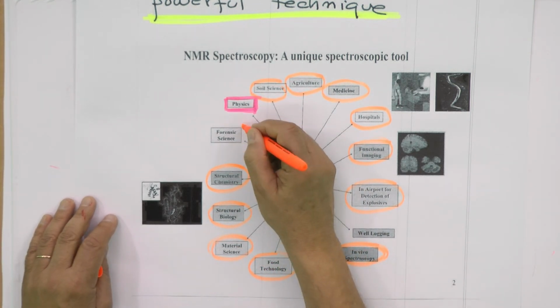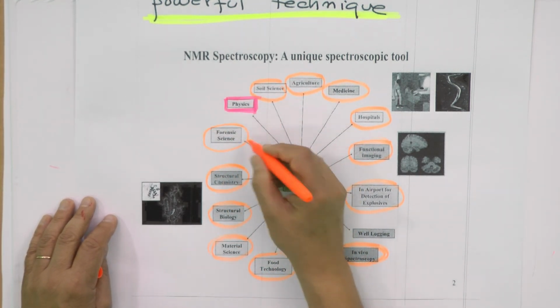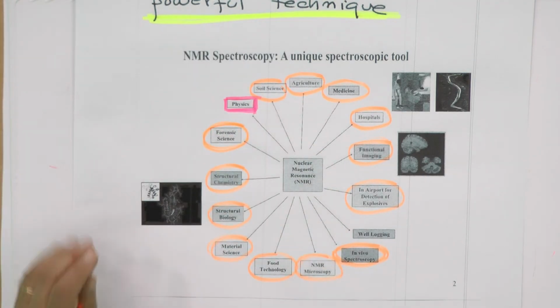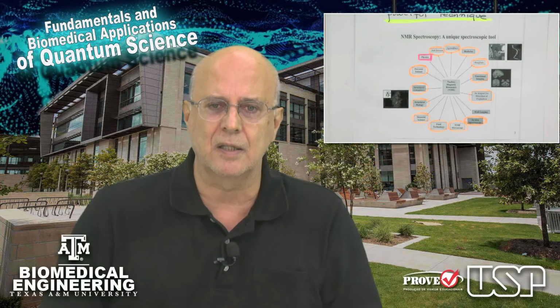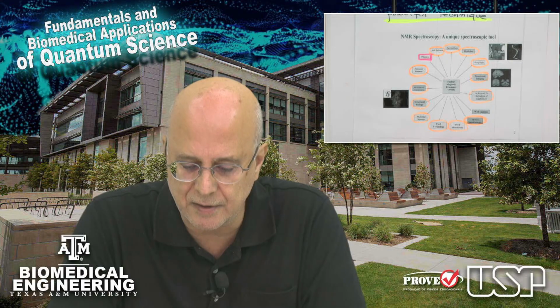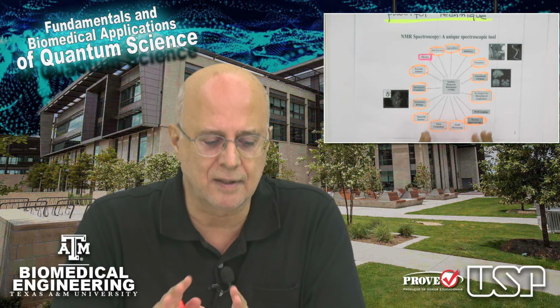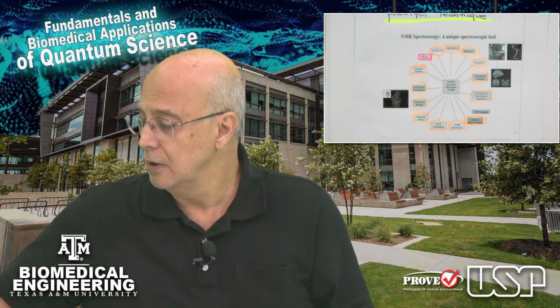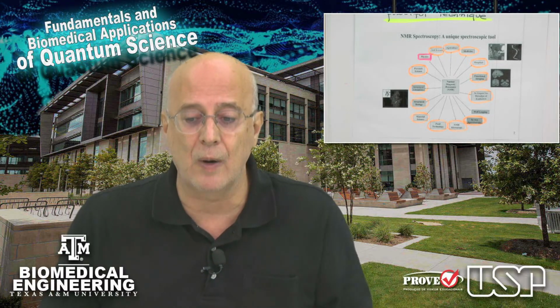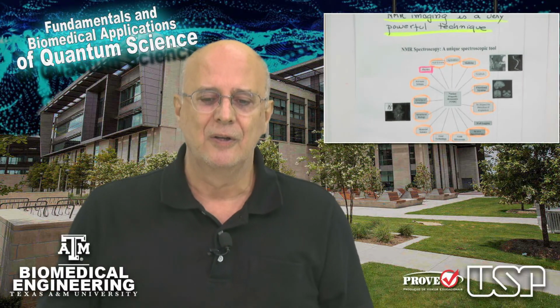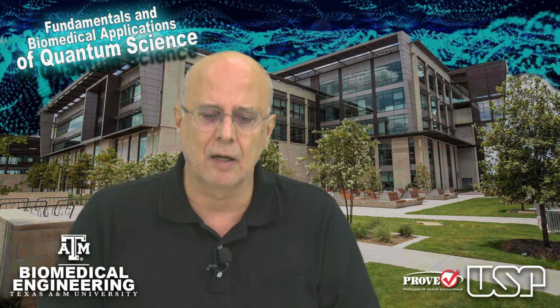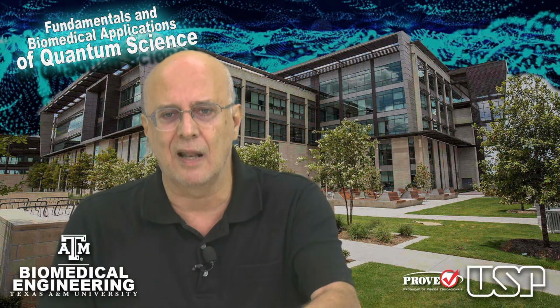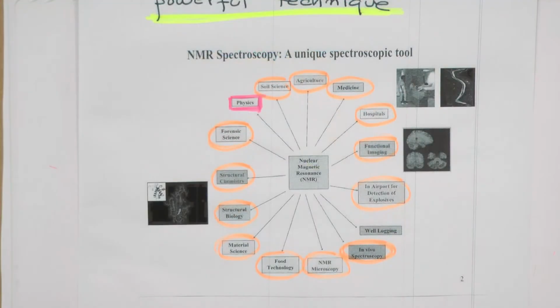And forensic science, which is important in a world that has so many crimes. We have to have techniques that allow us to somehow look into this. And there is one application where NMR is being used for quantum computation as well, which I left behind because I want to concentrate more on the life science type of applications.